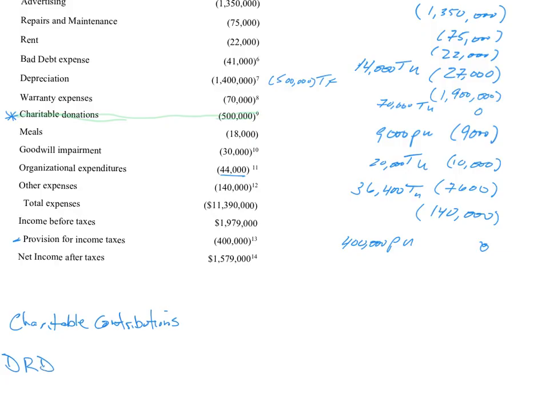The reason I'm moving these is because of the rules around calculating charitable contributions. So let's go back to the note. Our taxable income before charitable contributions and dividends received deductions. Okay, we don't have any carrybacks to worry about. So now we need to add a line here.